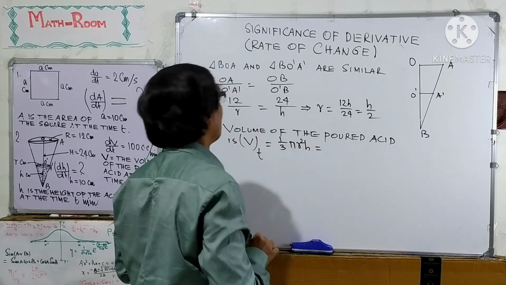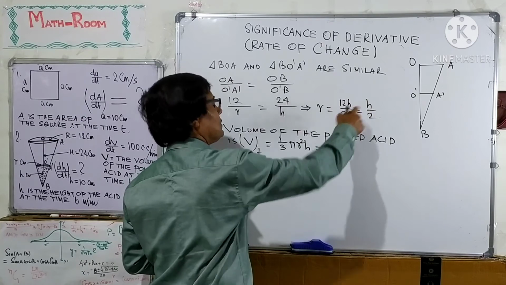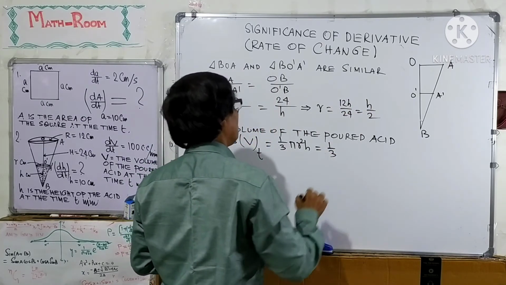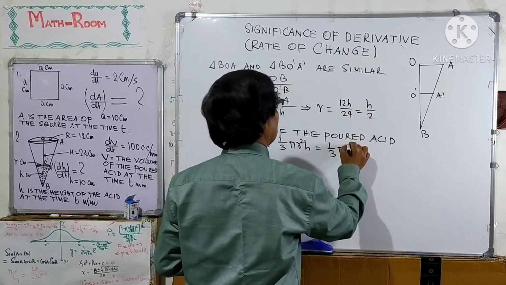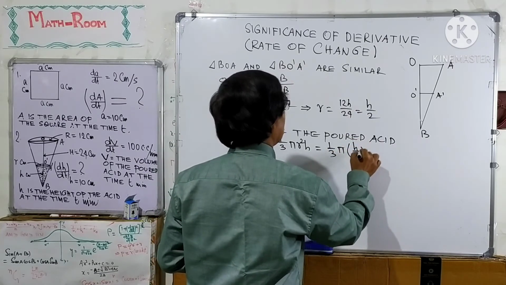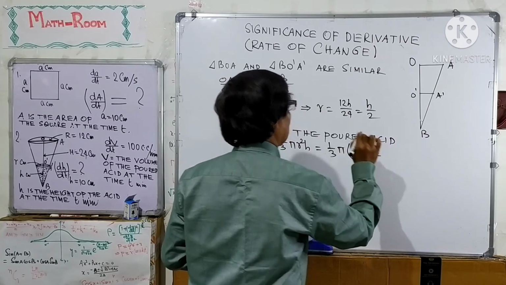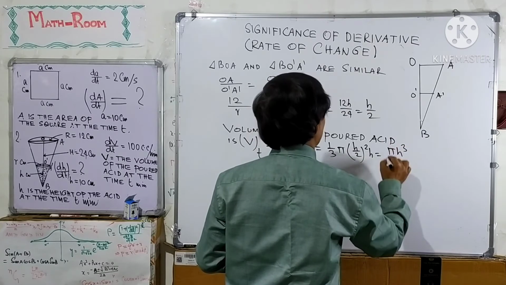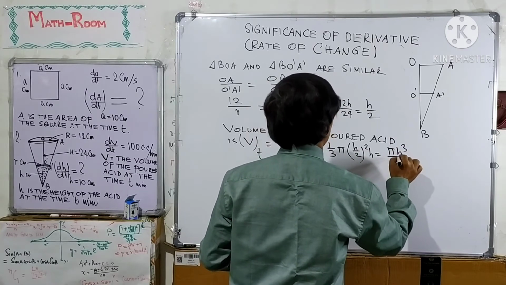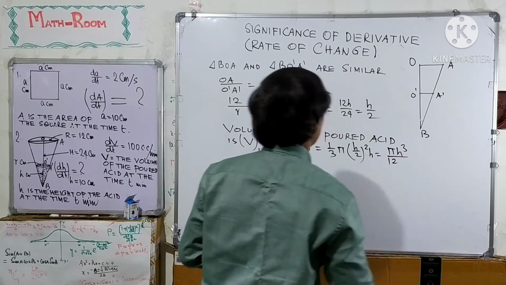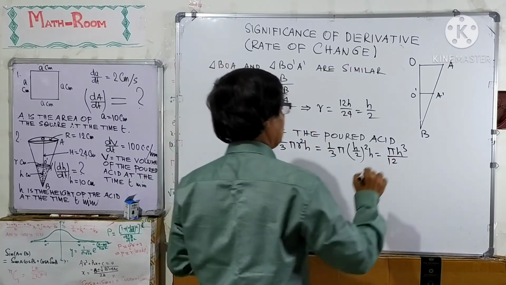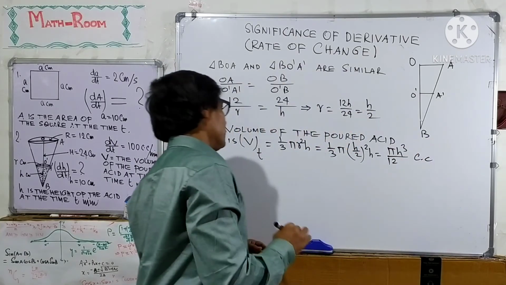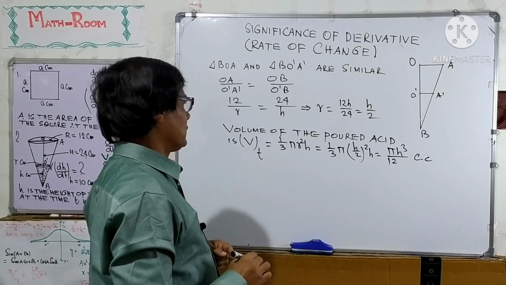We can replace r by h over 2, that is 1/3 pi (h over 2) square into h, which is pi h cube over 12. The unit of the volume is cc.